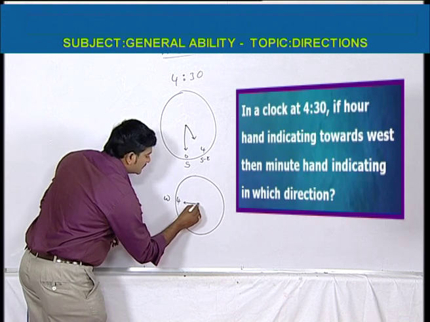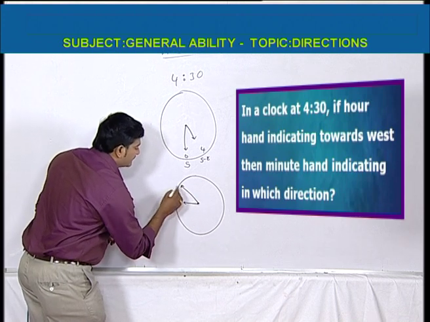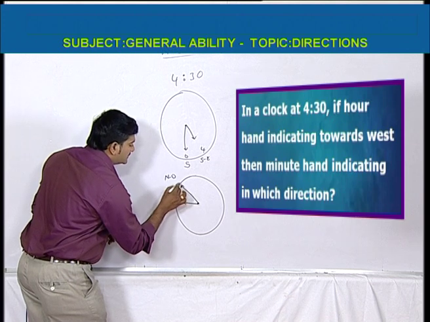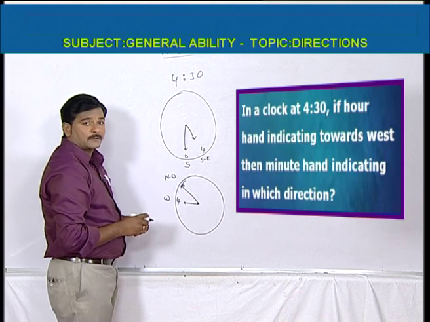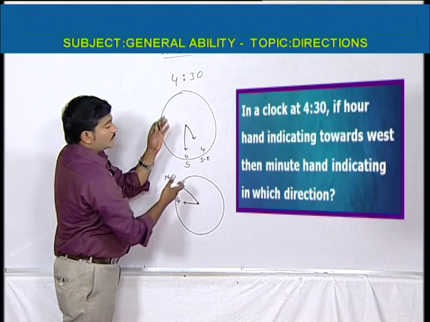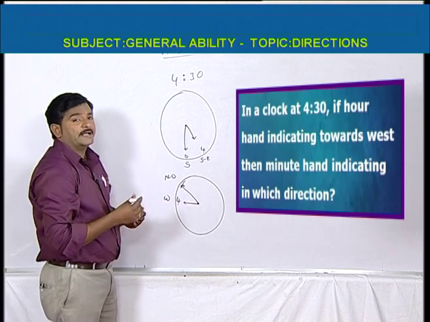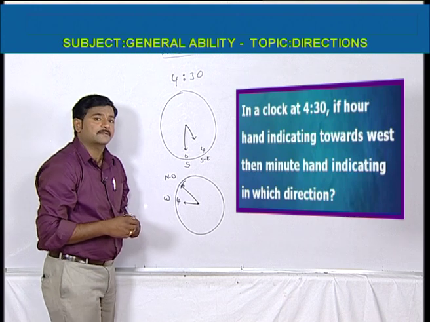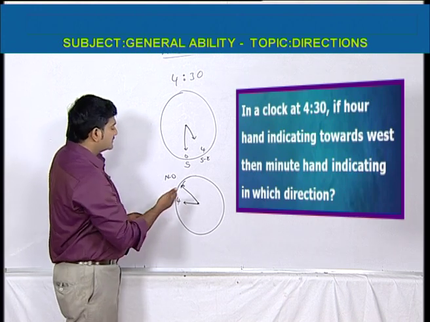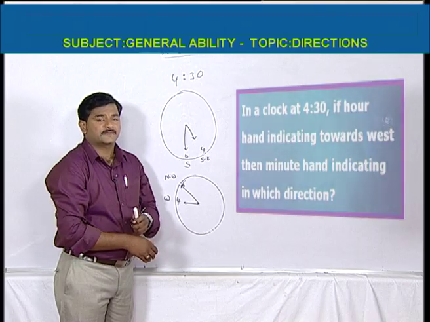Then obviously the minute hand is indicating which direction? Northwest direction. Here you will get 6. So we simply have to rotate, or else we can also say it by using the directions angle concept. Hence the answer for this question is northwest. Thank you.